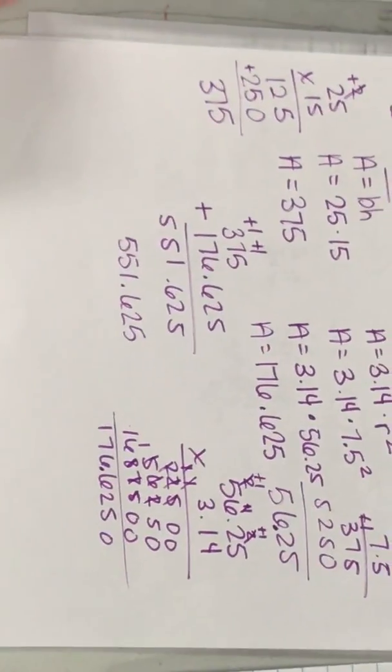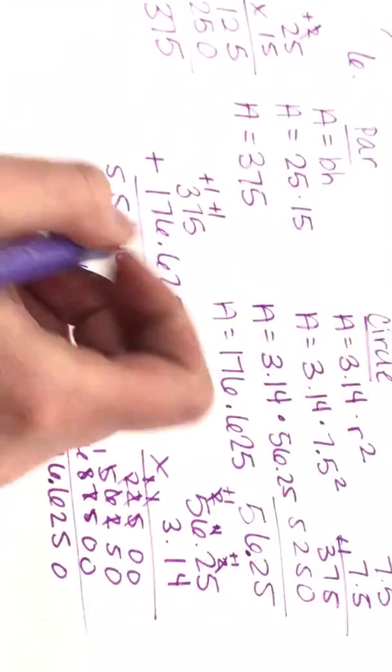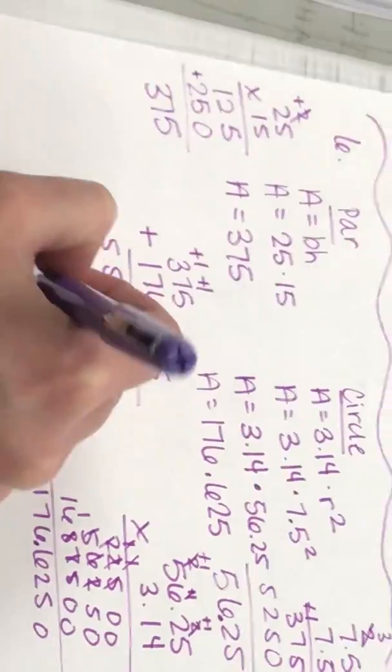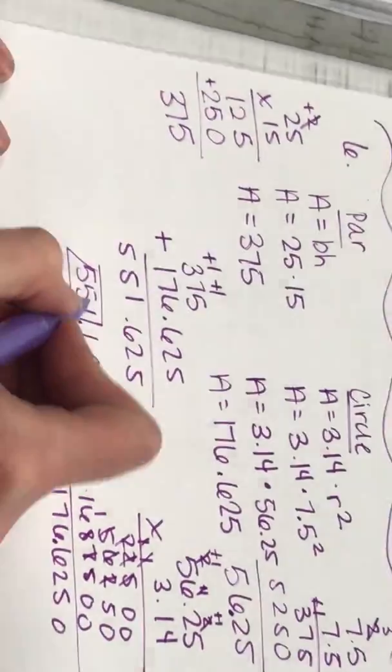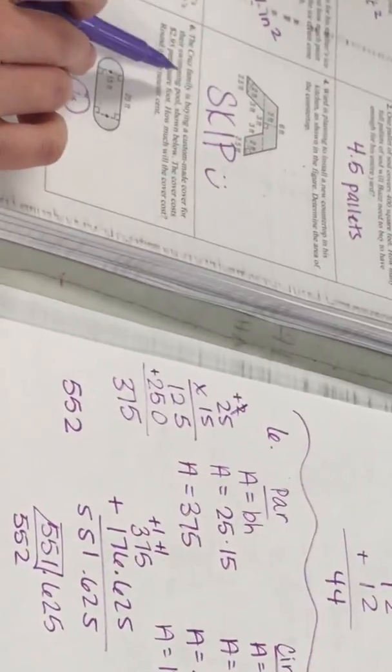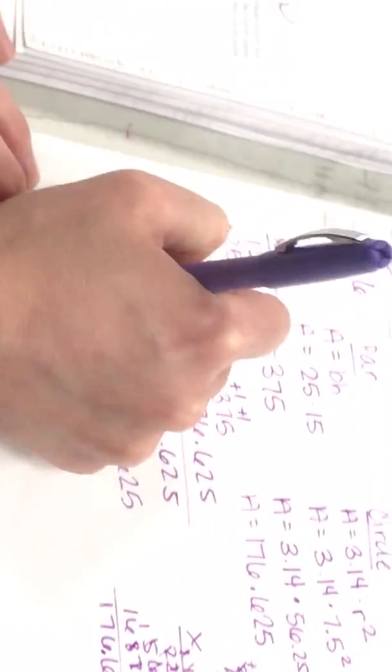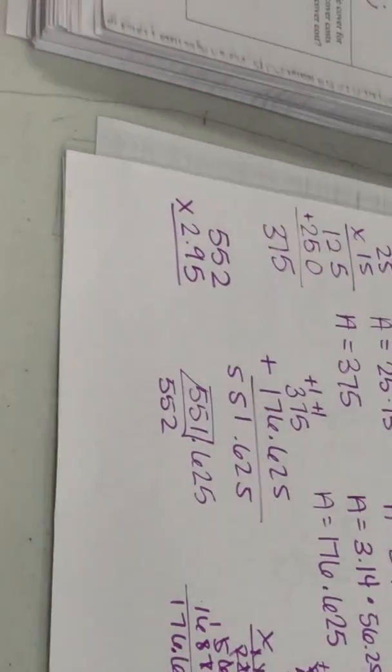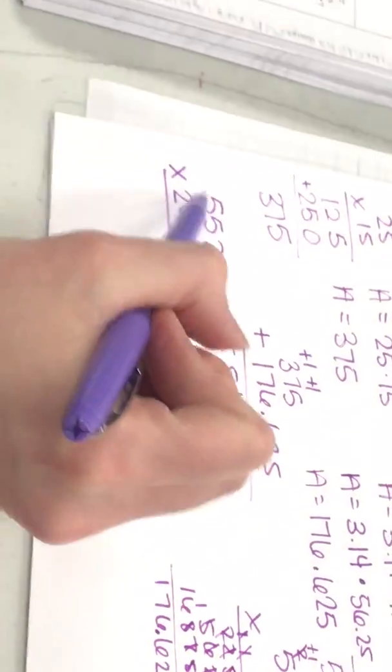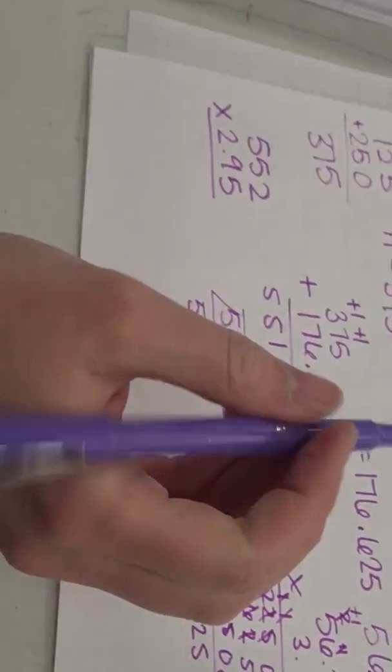Then it says the cover costs $2.95 per square foot. So then what you would have to do is take the square feet, okay? And I'm going to go ahead and just round this to 552 because the 6 says we can round it up to 552. And I'm going to take my 552, and since each square foot costs $2.95, that's what I'm going to multiply it by. Because when it says each square foot costs a certain amount, for all of the square feet, you have to multiply it by 295.